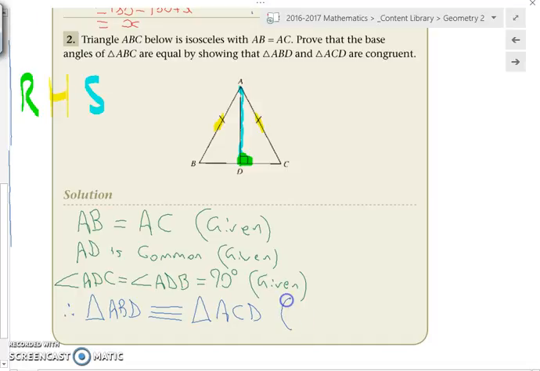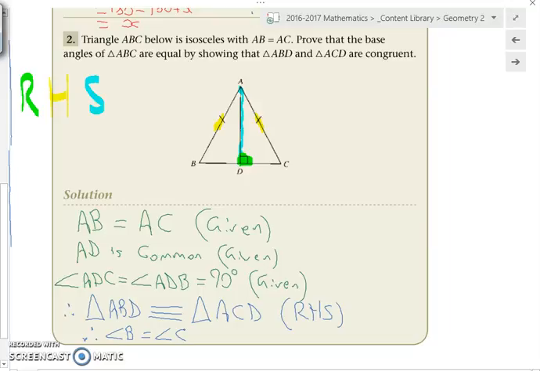Then what's our reason for that? Yeah, you can just use RHS. You've done a right angle, you've done the hypotenuse, and you've done a side. Yes. So therefore, what you've done is you've proved those two triangles are congruent. Now we can say that angle B equals angle C, and then you need a reason for that.